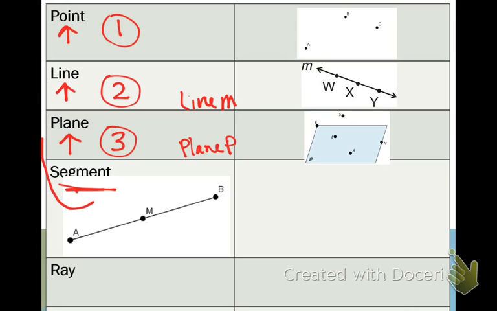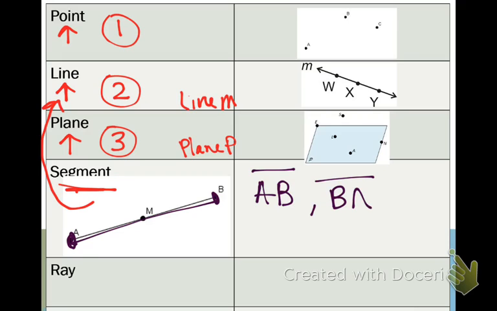Well, a segment falls under the category of a line, and there's only one way to name a segment. The segment starts at A, and it ends at B. So we would name it AB with a straight line above it. No dots. The way I draw it makes it look like a dot, but you don't have dots, you just draw a straight line. You can also name the reverse, which would be BA.